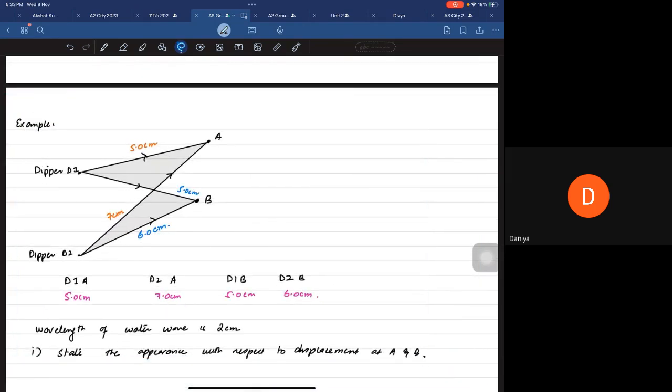Just like that, kids. Can you guys do this and let me know what you would see at A and what you would see at B, please?